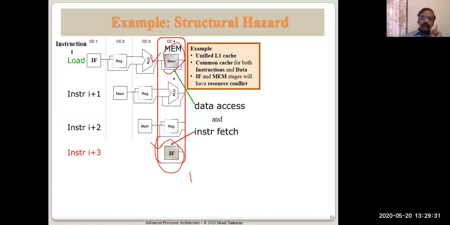You have to allow only one of them, because there is only one bus. Which one will I stop? Maybe I should have put a quiz for it, which I didn't think about before. If you say, I will stop the memory read and give importance to instruction access, you are wrong.